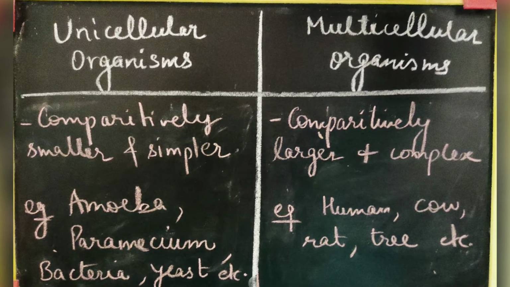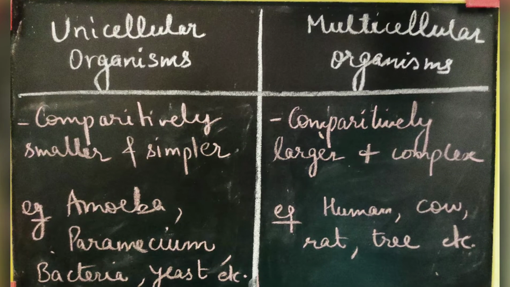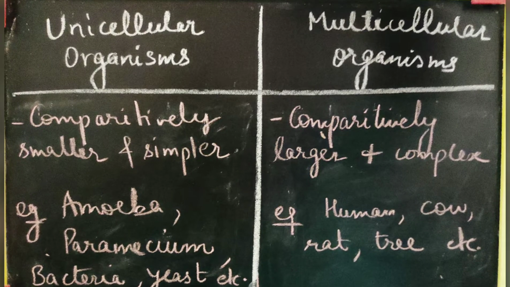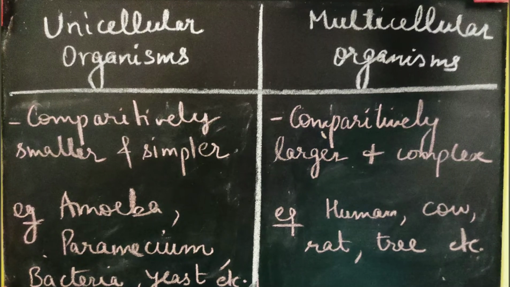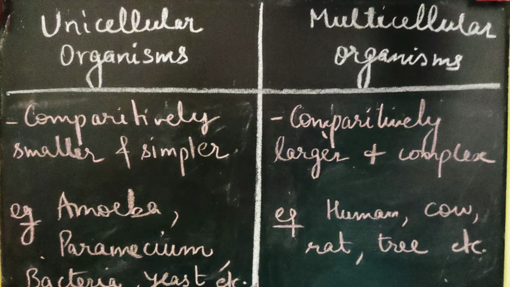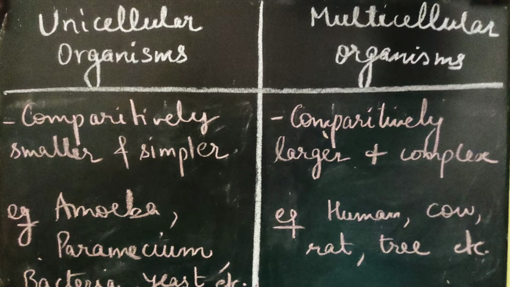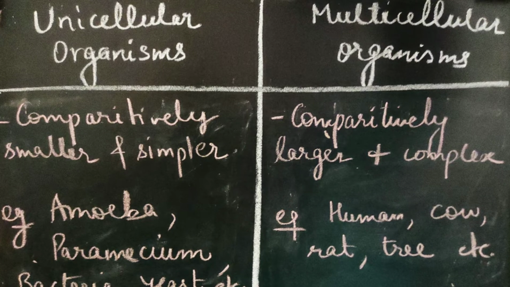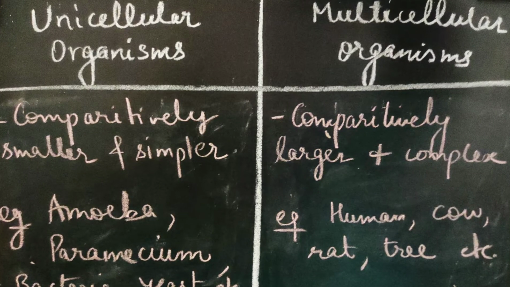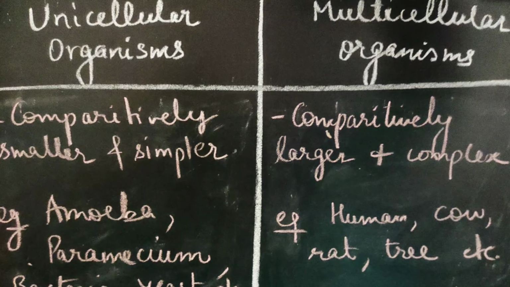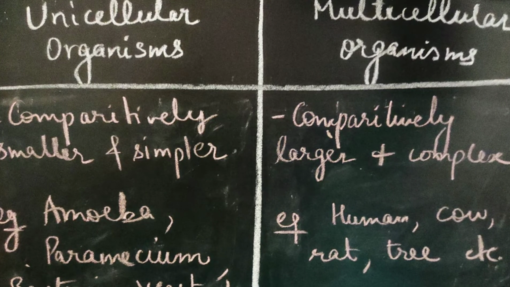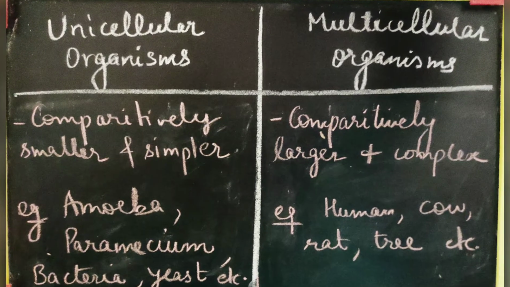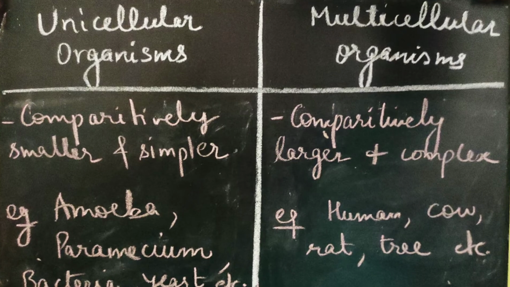Third point of difference is that unicellular organisms are comparatively smaller and simpler, that is, their structure is simple as they are made up of only one cell, whereas multicellular organisms are comparatively larger and complex. Examples of unicellular organisms are amoeba, paramecium, bacteria, yeast, etc. And examples of multicellular organisms are human, cow, rat, tree, etc.